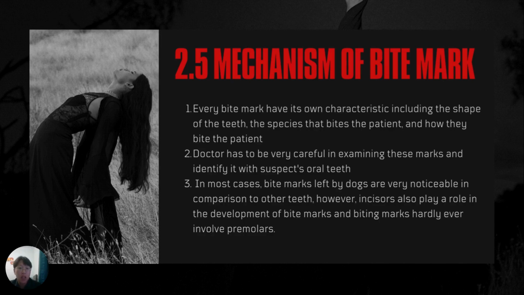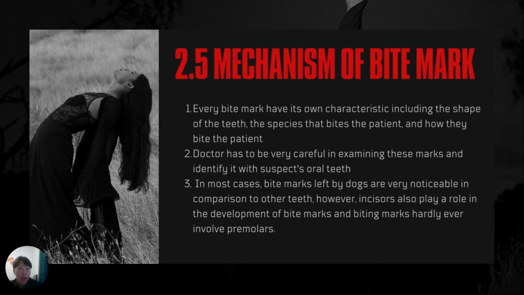It is the challenge for every doctor to be very careful in examining these marks and identify it with the suspect's oral teeth. It might be a human, it might be a monkey, it might be a dog, it might be a cat, and many more. In most cases, bite marks left by dogs are very noticeable in comparison to other teeth.